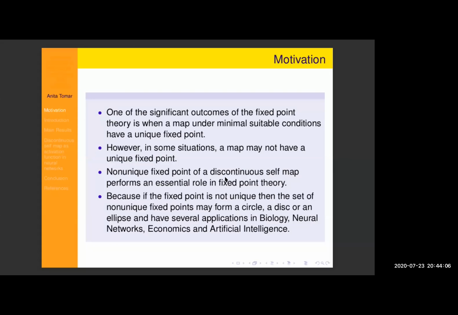But it is not always possible to have a fixed point. There may exist a unique fixed point or there may not exist a fixed point. But if a fixed point is non-unique, then the set of non-unique fixed points may form a circle, a disk, or an ellipse and have several applications in biology, neural networks, economics, and artificial intelligence.